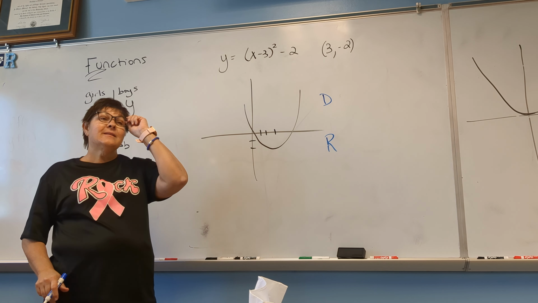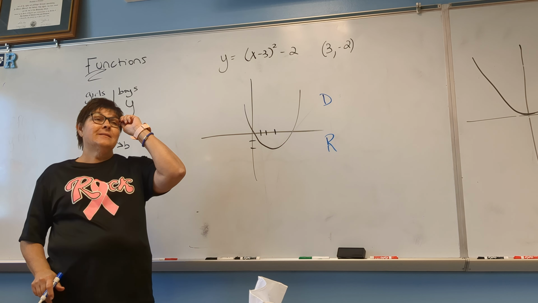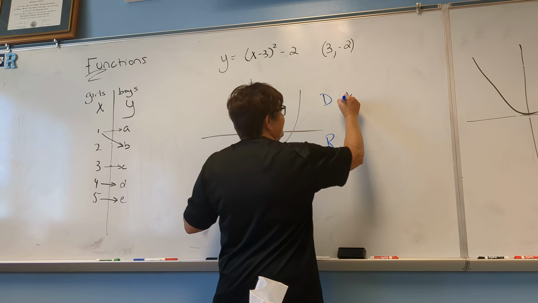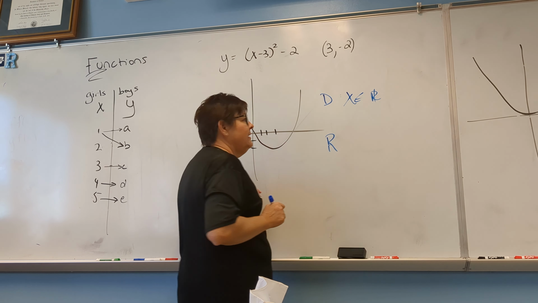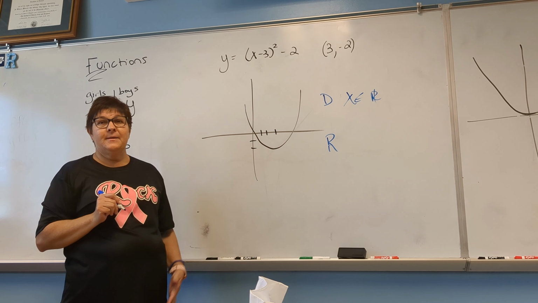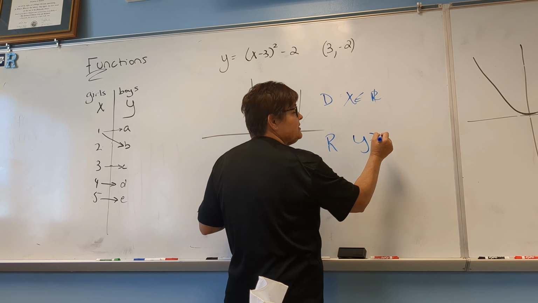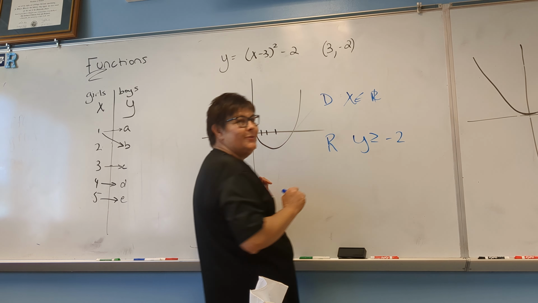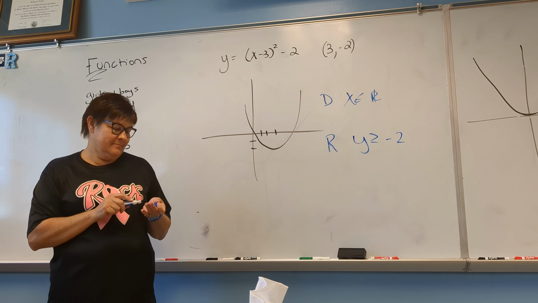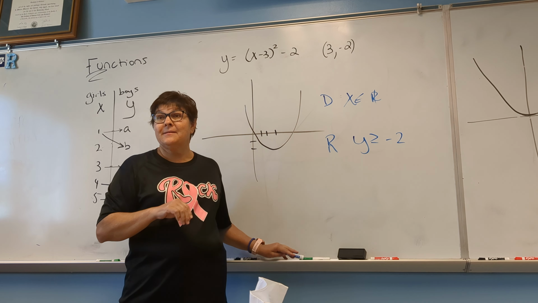Your domain is all real numbers. How'd y'all choose to do it? X is an element of the R? Yeah, most people like that one best. Okay, and then what about this guy? Y is greater than or equal to negative 2. Yes.